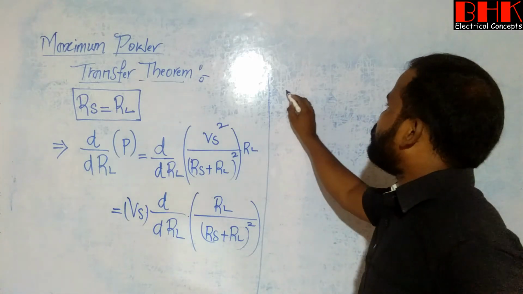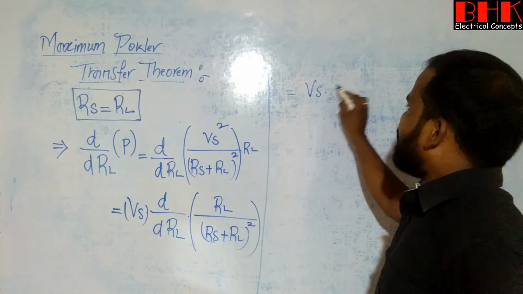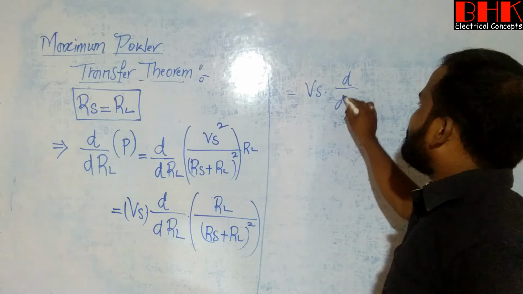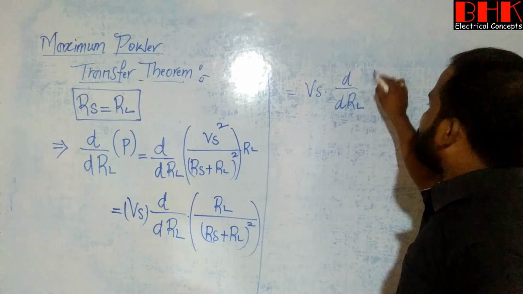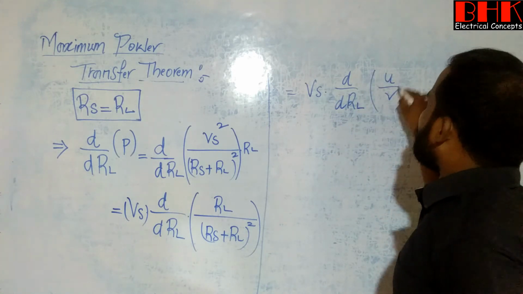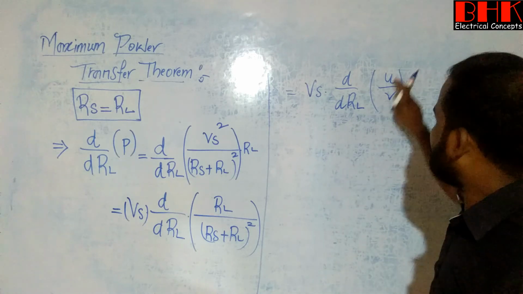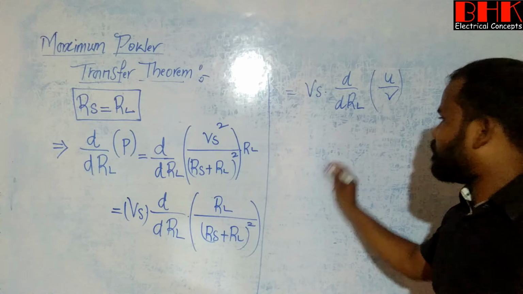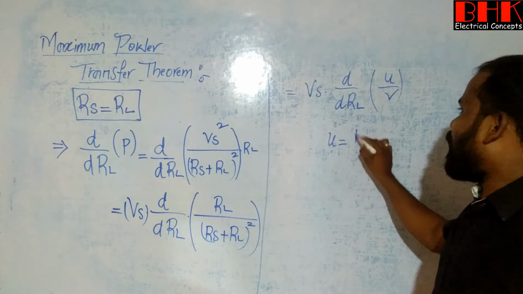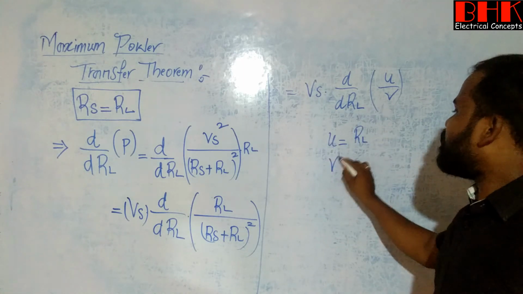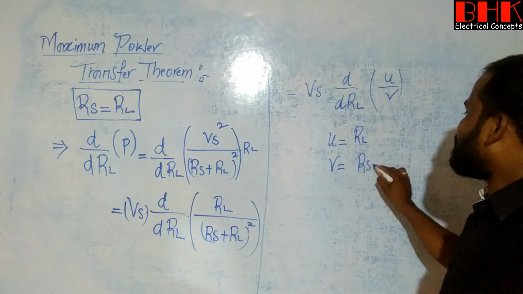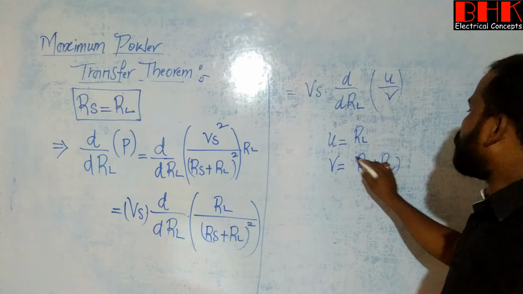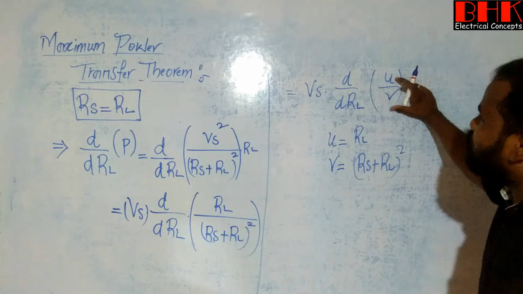What we are going to do here: Vs square into d by dRL of RL divided by Rs plus RL whole square, take the U by V formula. Here what is U? U is equal to RL. And what is V here? V is Rs plus RL whole square. Now apply this formula.